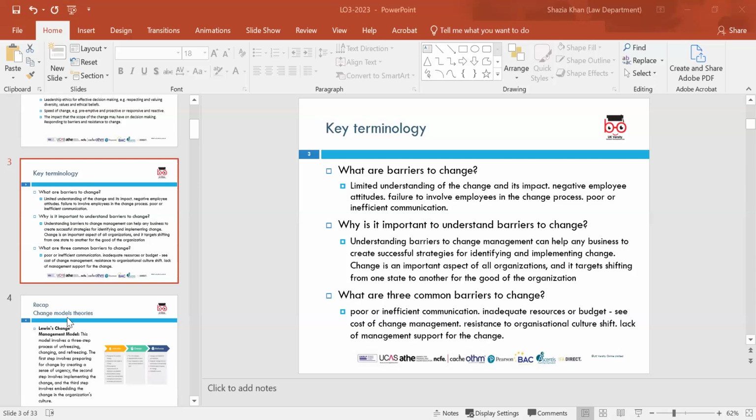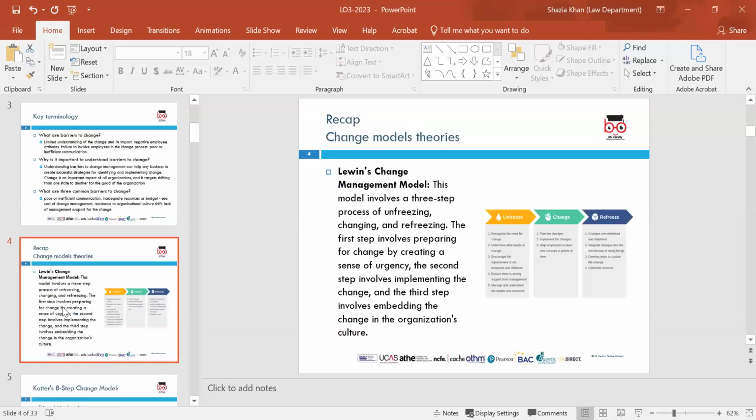So again, like I said, we're going to look at a recap of models of change, and we're going to look again at Lewin's model of change and why that has an impact on organizations. So Lewin, again, he was a German-American psychologist, and he has been called the founder of social psychology.